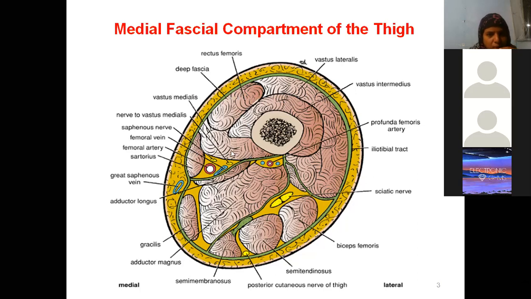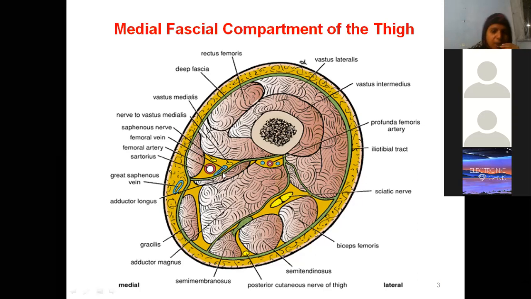Just below vastus medialis and below the sartorius, you find a triangular space, underneath which are the blood vessels like the femoral artery, femoral vein, and the saphenous nerve. Can you guess the name of this intermuscular space? Femoral triangle. No, beta, below the femoral triangle.